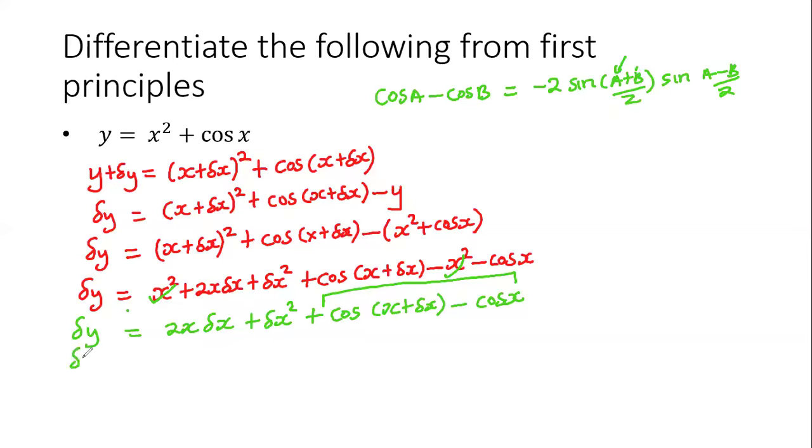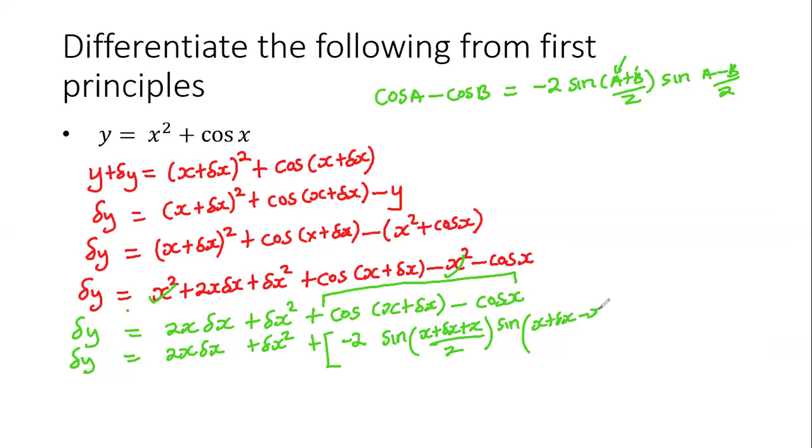So here, members, we shall have change in y equaling 2x small change in x, plus small change in x squared, plus, in case you want to reduce on the work, it is okay, negative 2 sine of (x plus small change in x plus x), everything out of 2, into sine of (x plus small change in x minus x), everything out of 2.